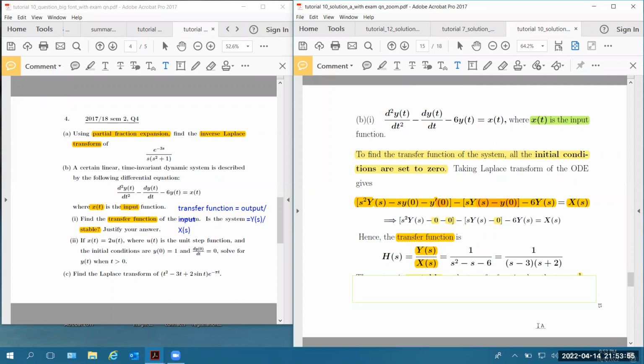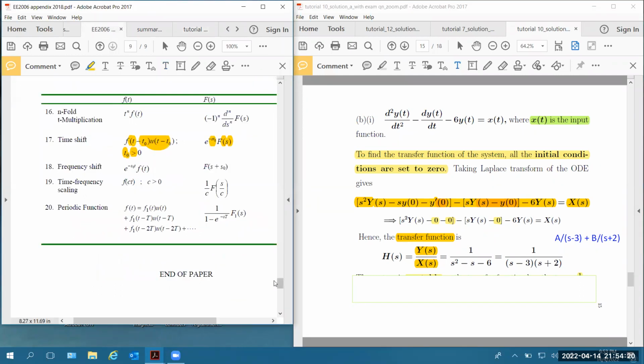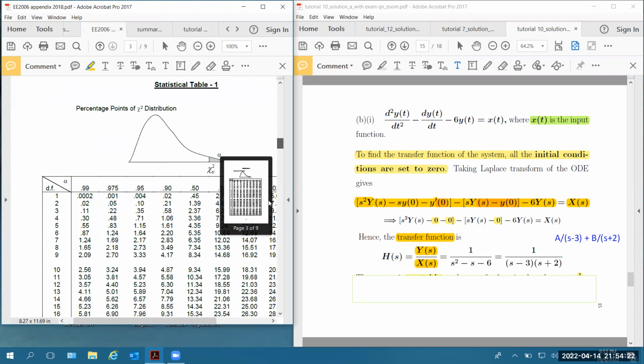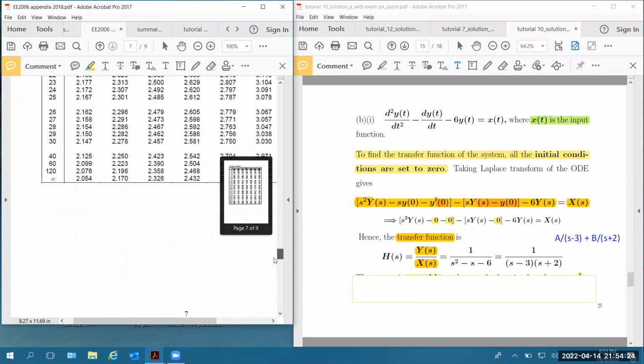So we'll have a constant over s minus 3, and then plus another constant over s plus 2. Then you want to inverse Laplace transform. If we look at these two terms, 1 over s minus 3 and 1 over s plus 2, I cannot memorize, I need to look at the appendix. Okay, here.